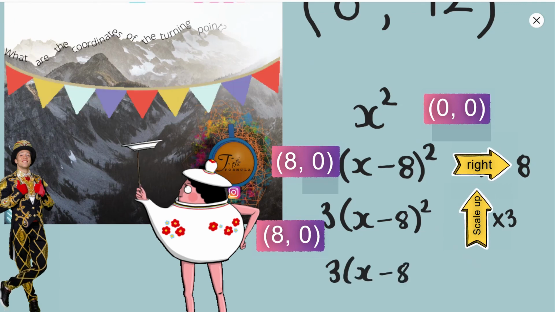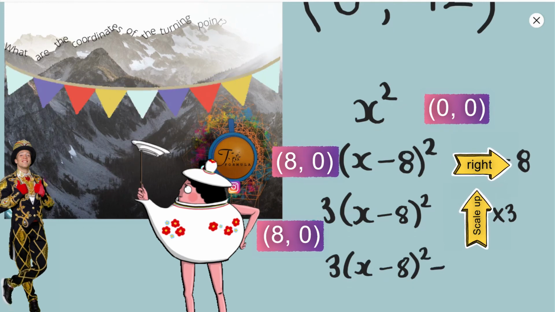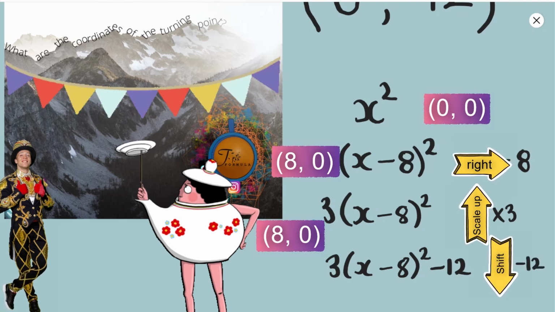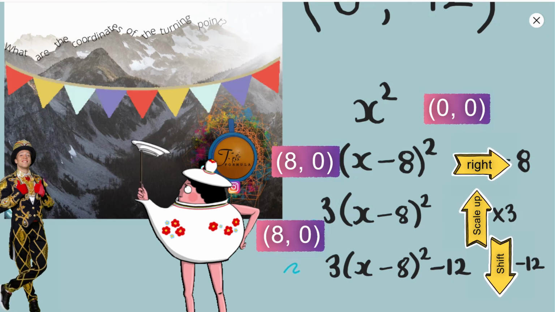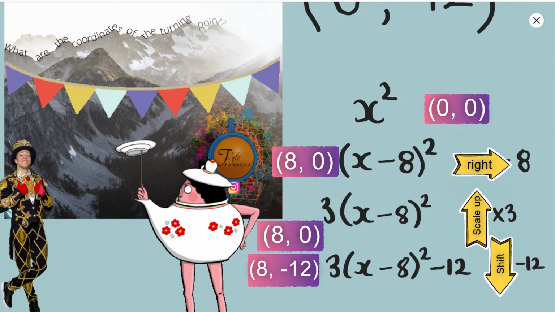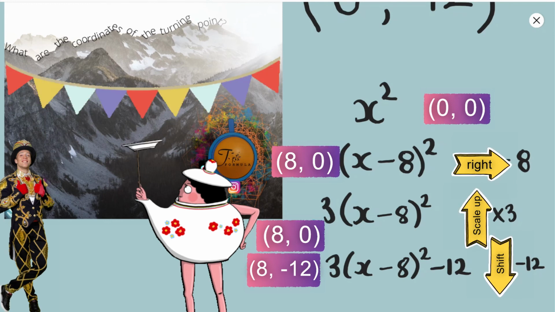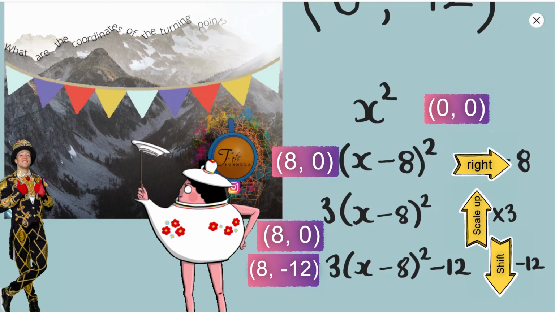We can go on, which is where we are going to do the subtraction of 12. And the subtraction of 12 is going to lead us to see the final shift down. And the translation down would mean our coordinate of our minimum point is now exactly where we thought it would be, at 8, -12.